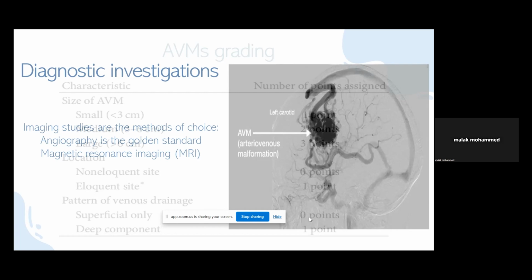It has five main categories. With fewer points, like grade 1, it's easily operable, until we go to grade 5, which is a serious one that is nearly inoperable or with high risk of mortality.